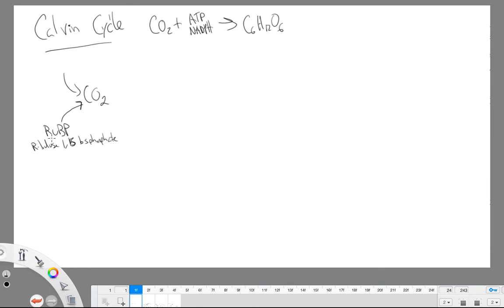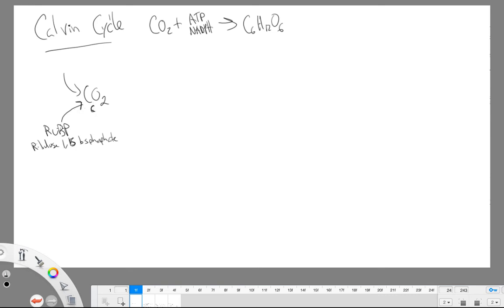And when we're looking at the Calvin cycle, a good way to help keep track of what's going on is to keep track of the carbons, right? Because really what's happening here is we're fixing carbon. We're taking it from carbon dioxide and creating an organic molecule. So by keeping track of the carbons, it can help us understand what's going on. We have one carbon here.